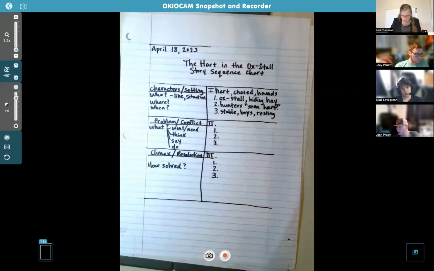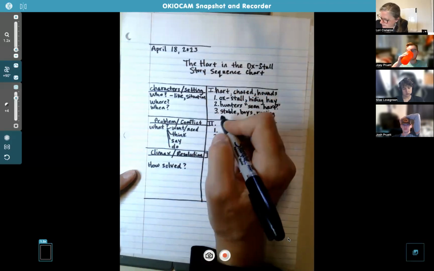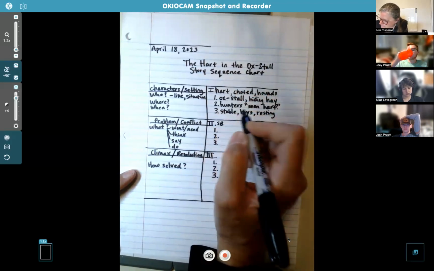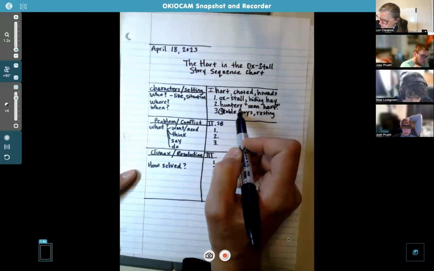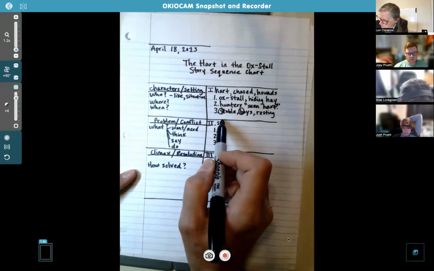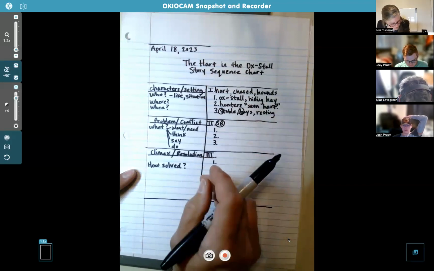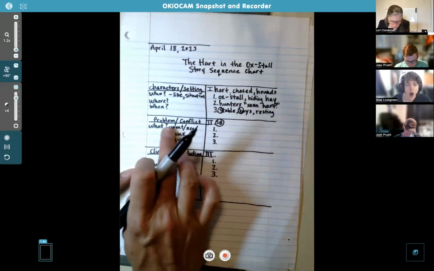Now, the stable boys are relaxing, and then they decided to look for the heart. So I'm going to use a symbol here now, and I'm going to put SB for stable boys. I'm going to circle the S and circle the B. So here we are getting into the problem and the conflict.